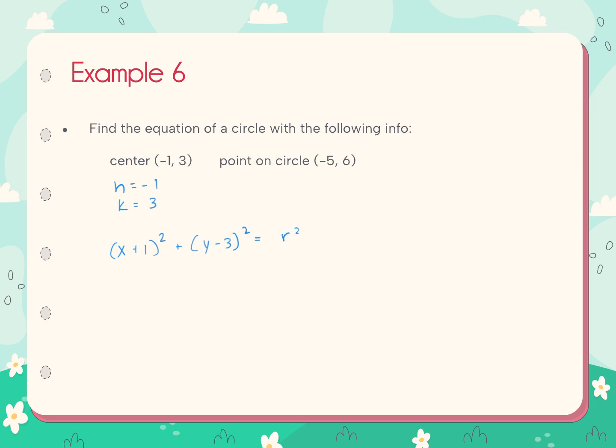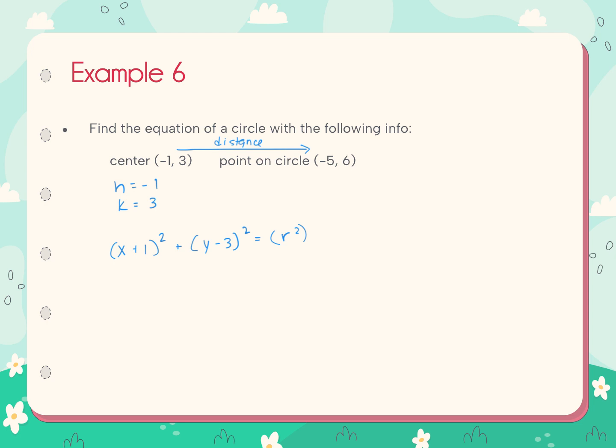But what's missing is my r. I don't know what my r is. I do, however, know that a point on the circle is (-5, 6). So if I can figure out the distance from the center to the point on the circle, I'm going to be able to find what my r is.